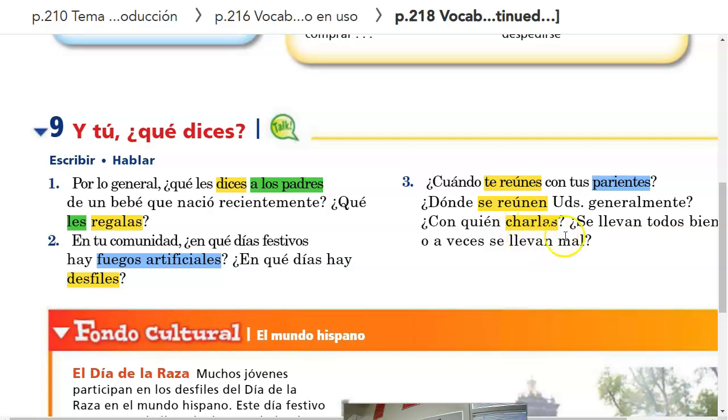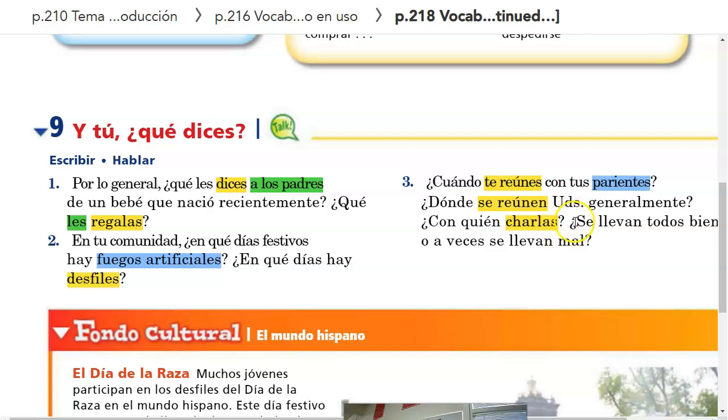Now the last question, guys, ¿se llevan todos bien o a veces se llevan mal? Does everybody get together well? Or does everybody get together, or get along, forgive me, not get together. Does everybody get along well? Or do people sometimes not get along well? There's always that dynamic with family where, you know, maybe especially recently, we have our divisions, unfortunately.